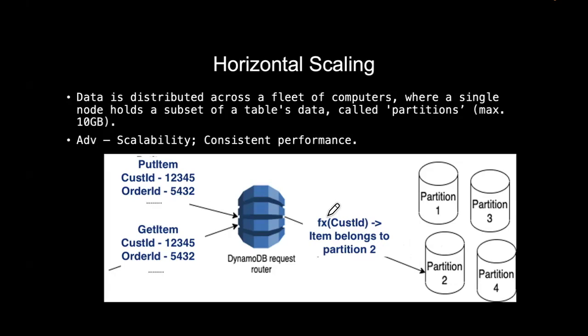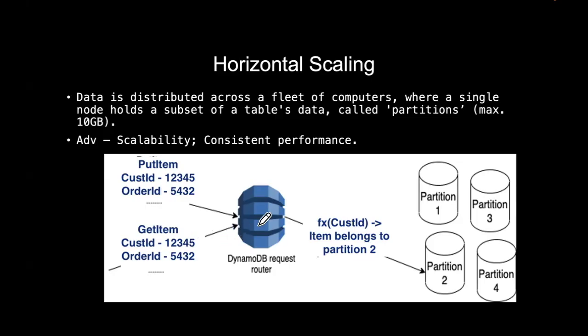And equally, if we want to read an item, the command in DynamoDB is to get an item, we have to specify the primary key of that item. Now, because my primary key is a composite primary key in this case, I have to specify the customer ID part and the order ID part.